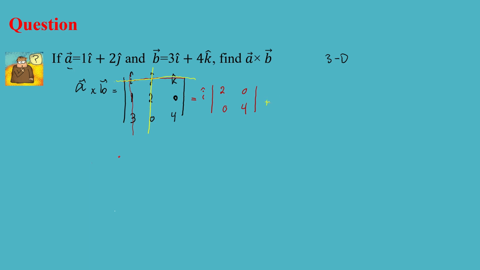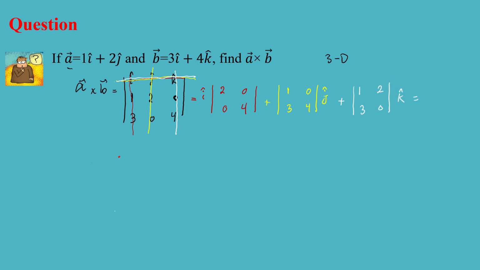So what is left is 1, 0, 3, 4, in J. And then for the last one, I'm going to eliminate the third column and the first row. So what is left is 1, 2, 3, 0, and it's going to be in K.